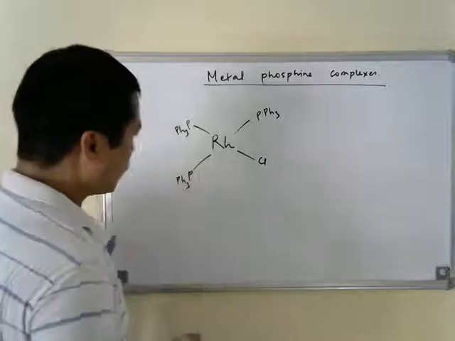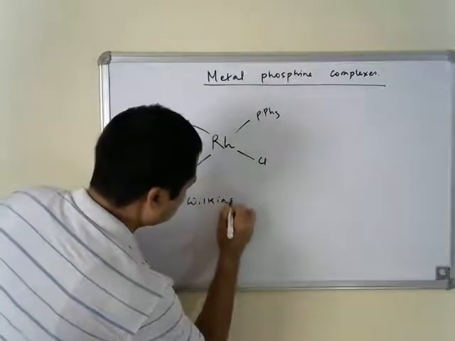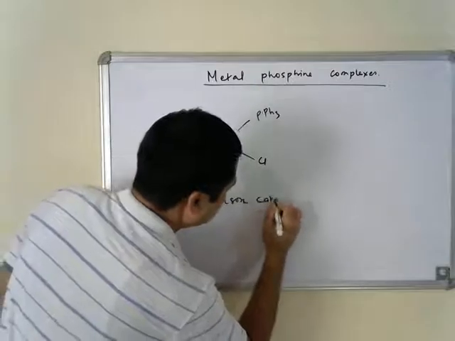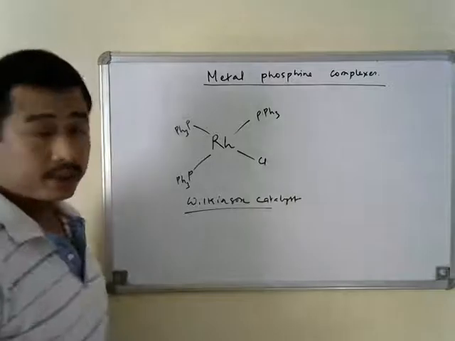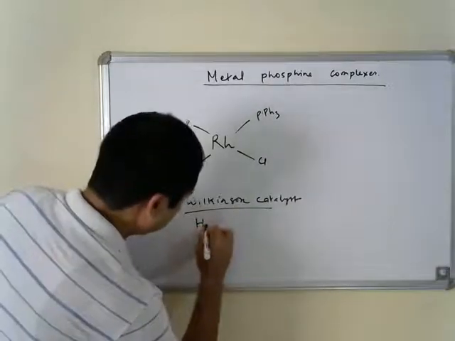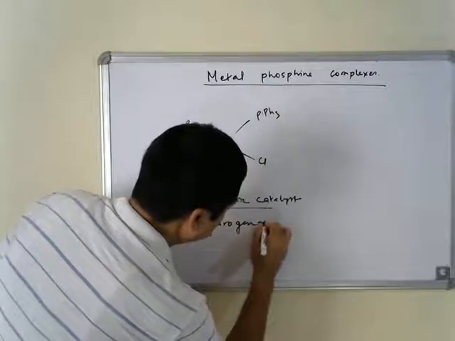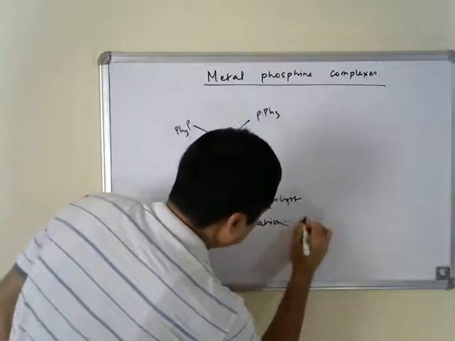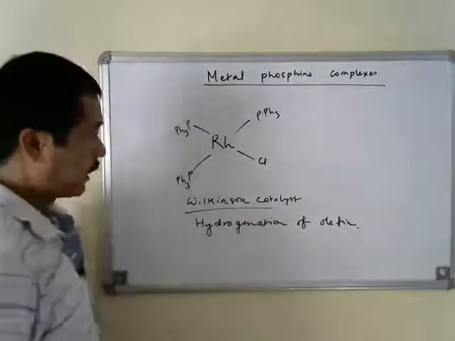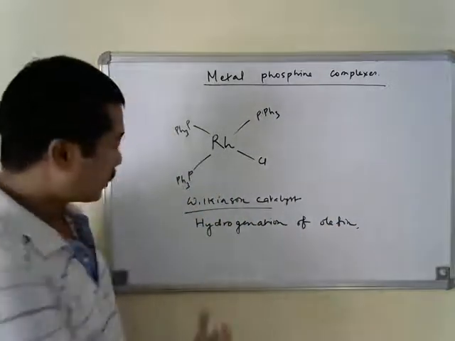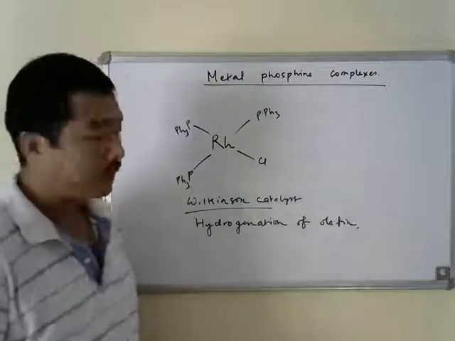This is known as Wilkinson catalyst, and is a very important catalyst for hydrogenation of olefins. In fact, this is used as a catalyst in industrial processes which require hydrogenation of olefins, the Wilkinson catalyst.